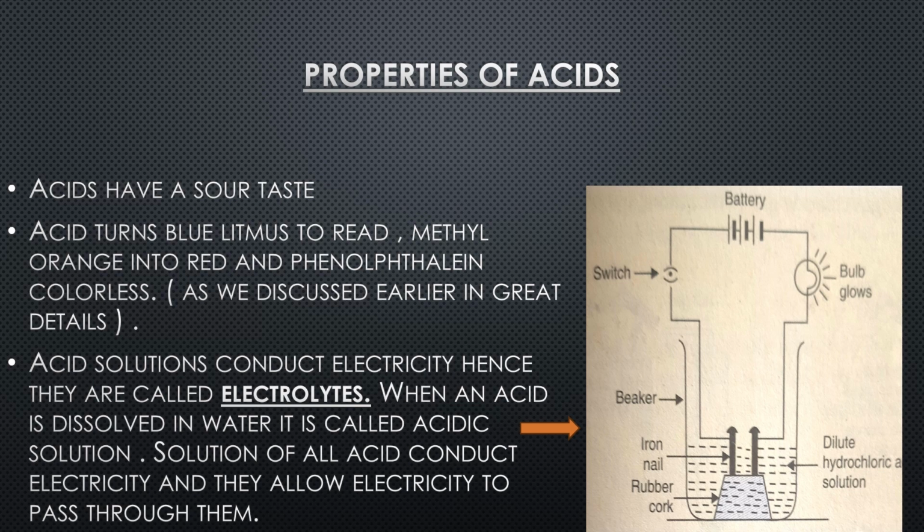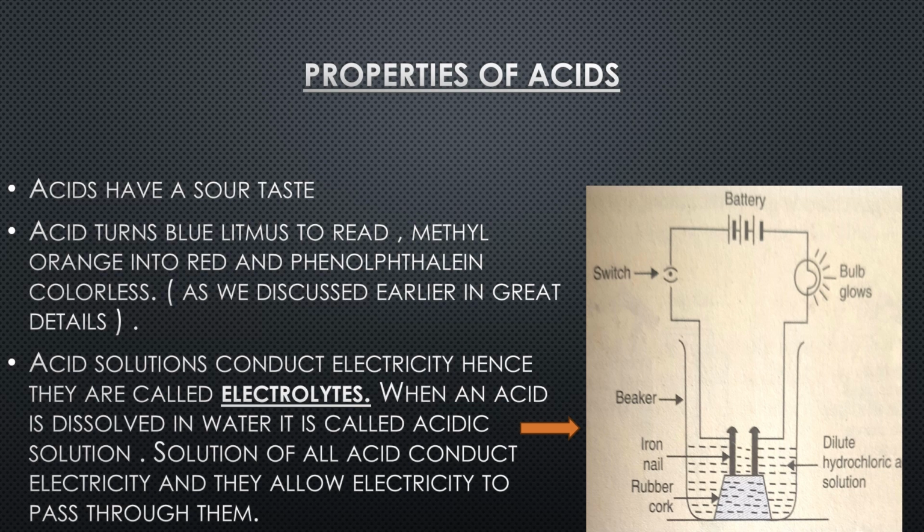Now one nail is connected to one end of the battery and the other nail is connected to the other end of the battery, and in this circuit we will place one switch and one bulb also. When you switch on the current and current flows, you will see that this bulb glows.